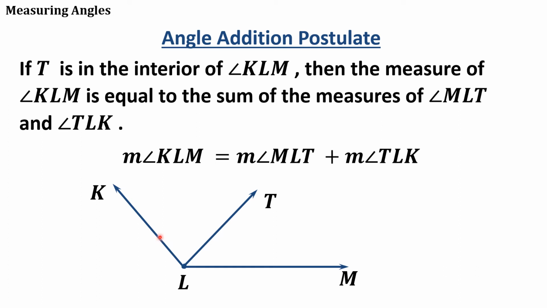And the measure of angle MLT or TLM is the same thing, plus the measure of KLT or TLK. Those two parts, those two partitions there, if I add them up, they're going to give me the angle KLM.